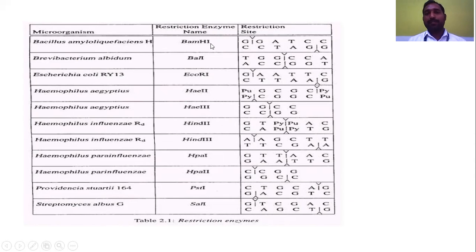Here you can see the first one, BamHI, which will make the sticky end. The second one, BalI, which will make the blunt end. And the third one, EcoRI, which will make the sticky end. Likewise, the enzymes vary in their pattern and can have different sizes of nucleotide restriction.